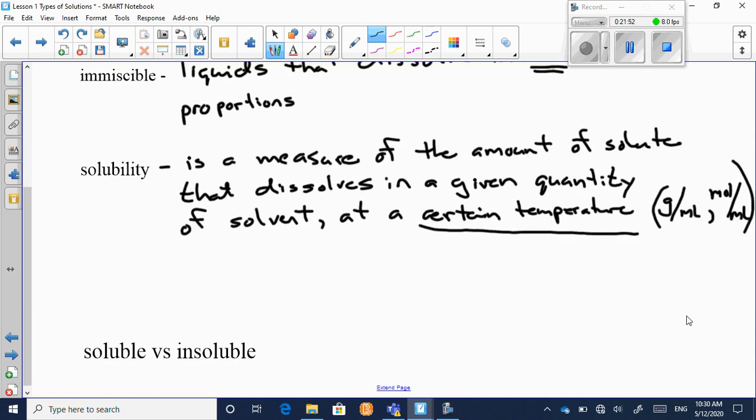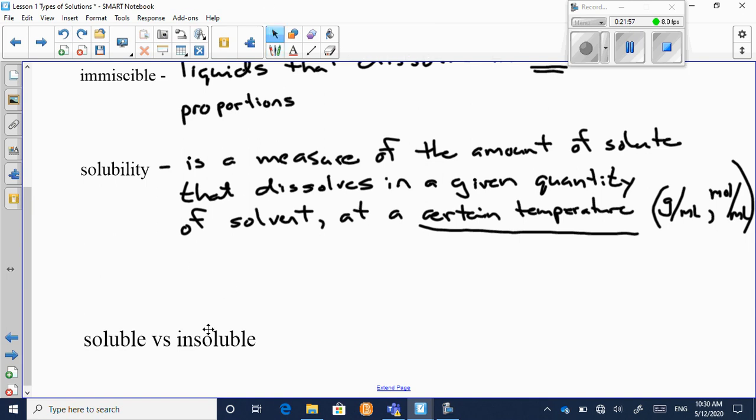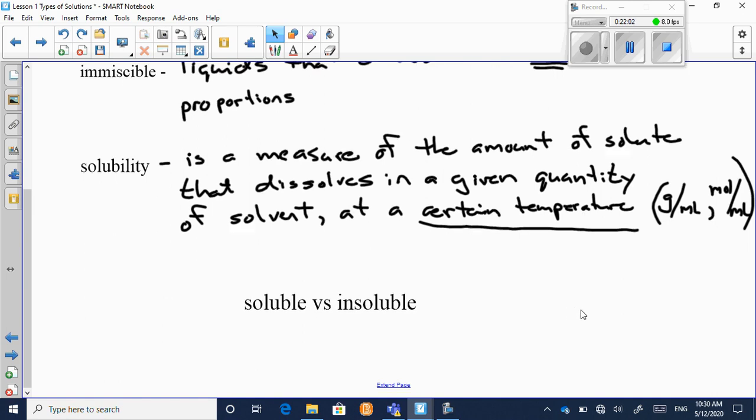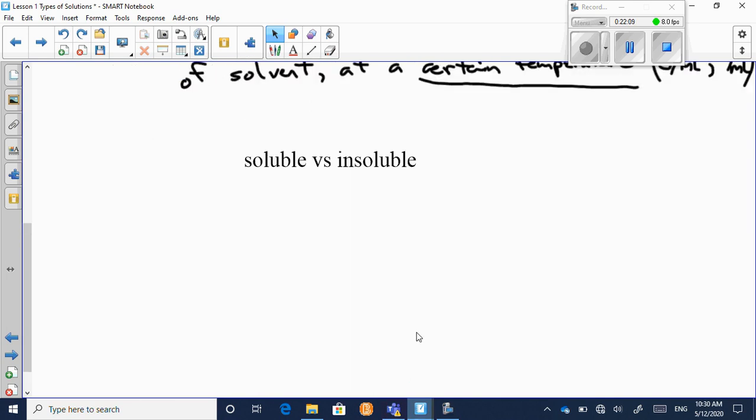Okay, just a couple of other quick comments here. The terms soluble versus insoluble. Basically, anything is considered soluble if its solubility is greater than 1 gram per 100 milliliters.